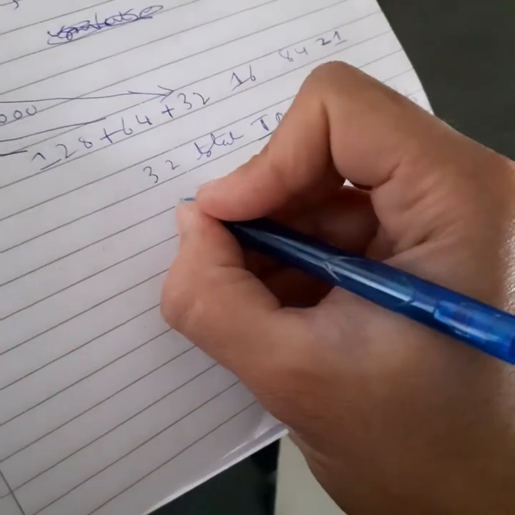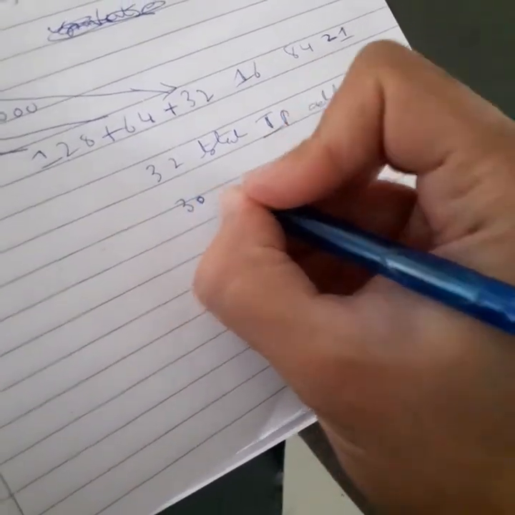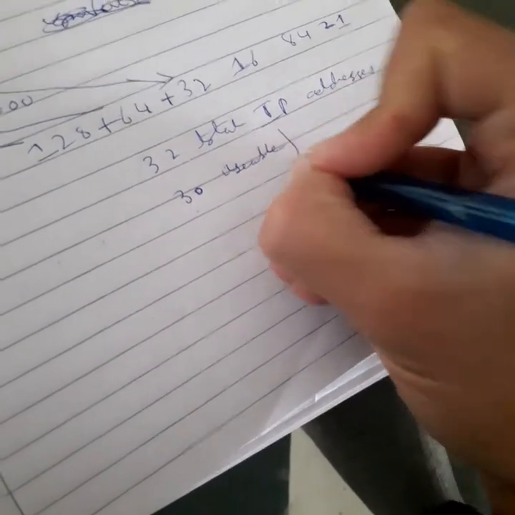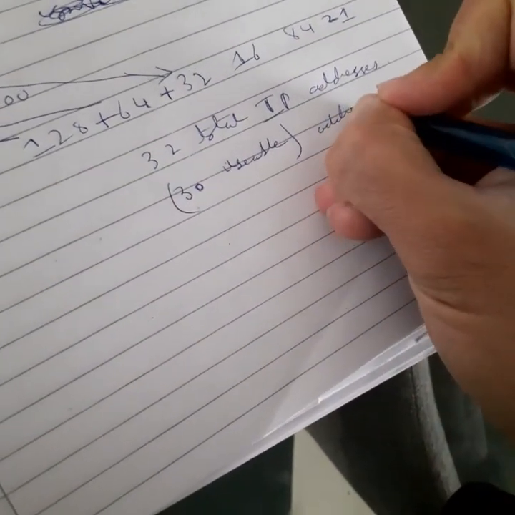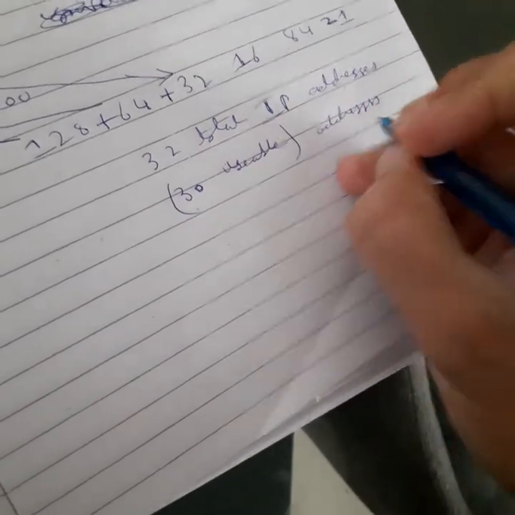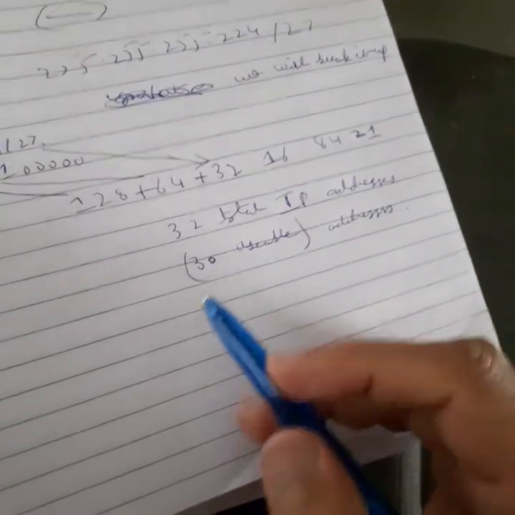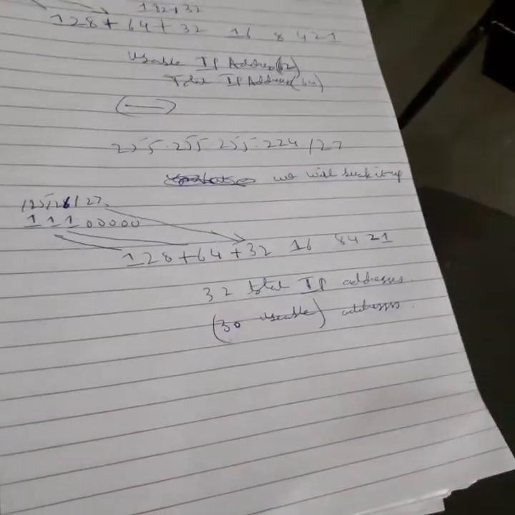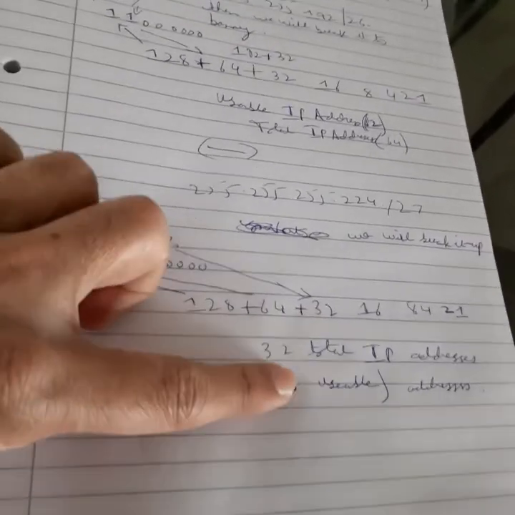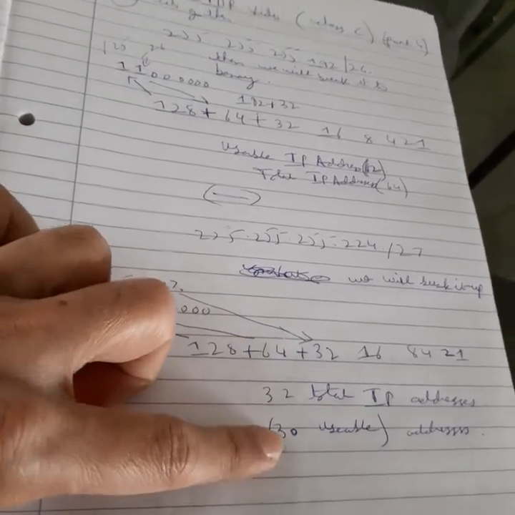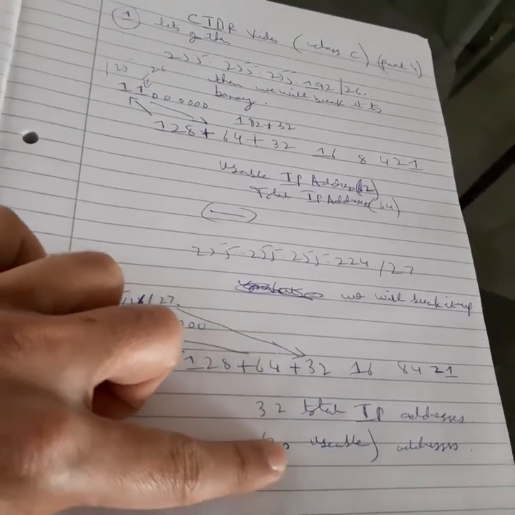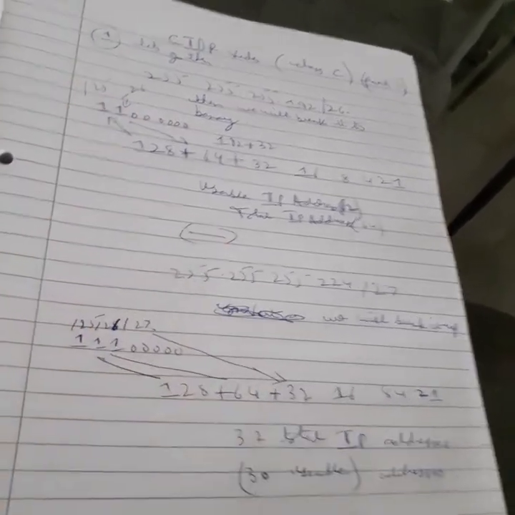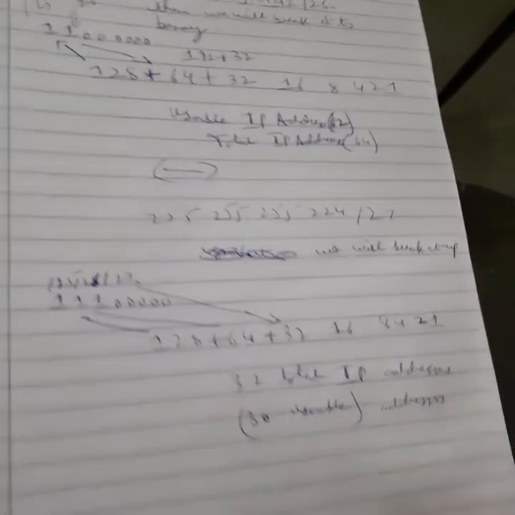Usable IP addresses are going to be 30. As you know, the subnet address and broadcast address are going to take their place, so those two will be allocated down there. So that will be your usable IP address range. 30 IP addresses in there.